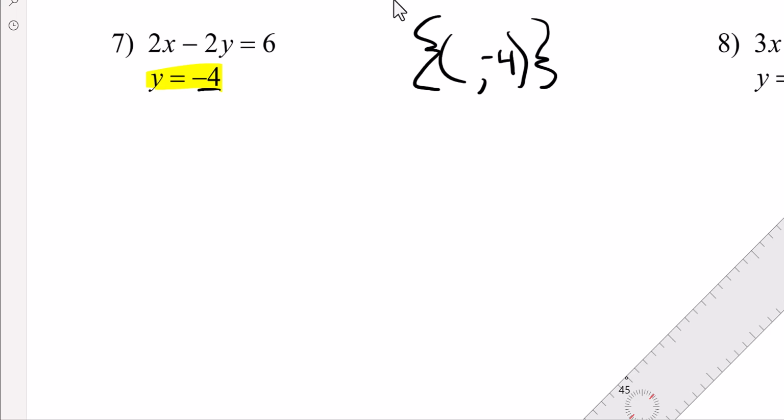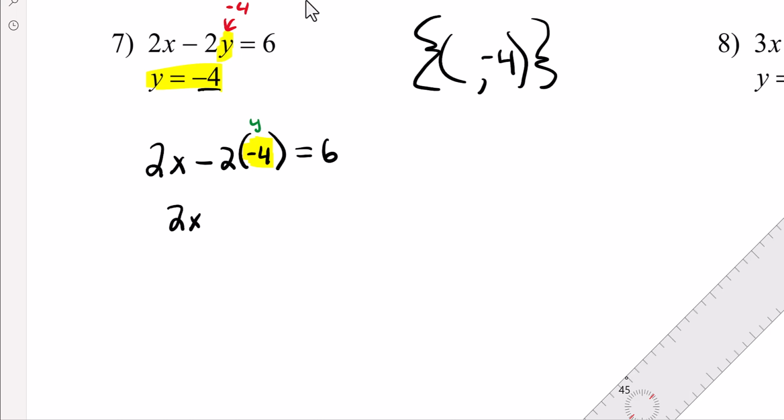So that's half of the answer. And now we can substitute that negative 4 right there. So we will write 2x subtract 2 times negative 4, because that's the y value. It's equal to 6.